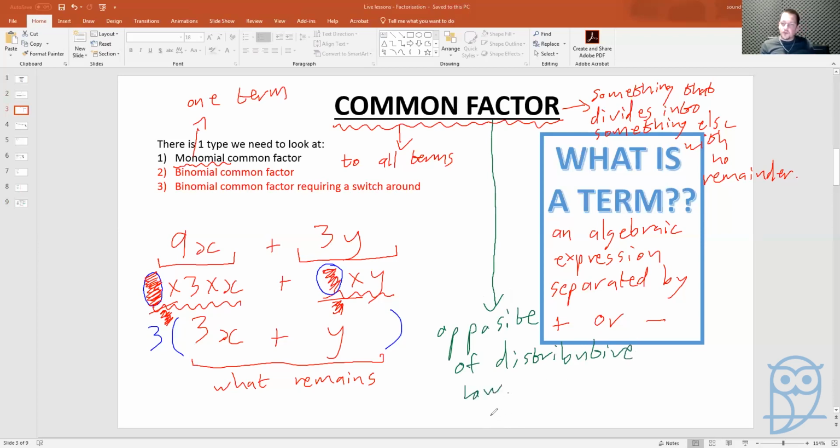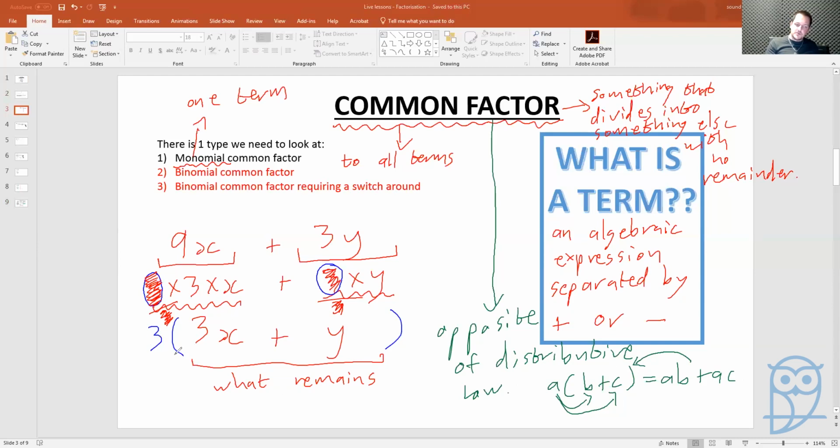The distributive law you dealt with when you were trying to expand brackets. So if you had A times B plus C, you multiplied the A onto both of them, and you got A times B plus A times C. Factorization takes this and now moves backwards into brackets.